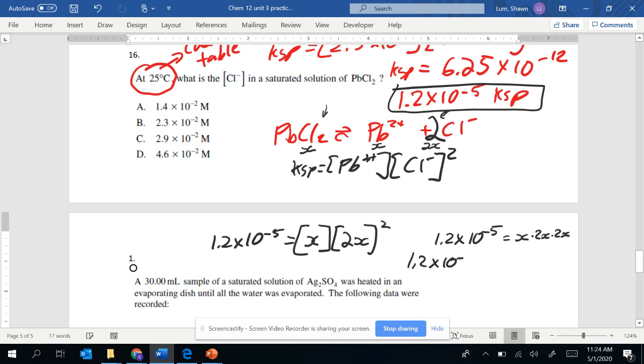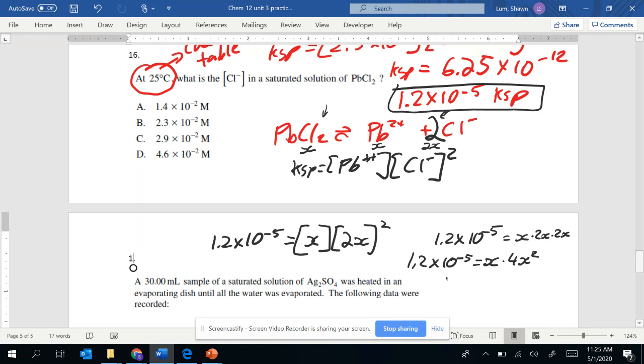1.2 times 10 to the negative 5 equals x. Now I'm going to multiply these two together, 2x times 2x. So that's going to be 4x squared. This is a really common mistake where people will go, okay, 2x, and then on the outside it's squared. Oh, that's just going to be 2x squared. But it's not. You actually have to multiply those twos together. So it'll be 4x squared.